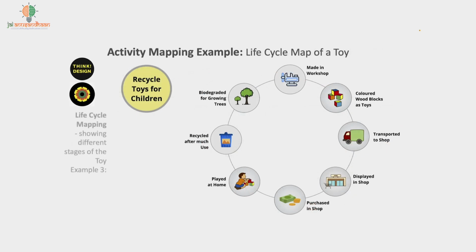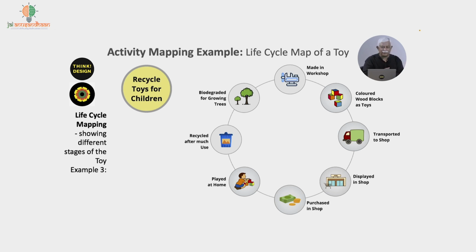Let us have a look at the life cycle map of a toy. You can start anywhere because it is circular, as you see here. If you start with the trees, it is taken to the workshop, machined and colored and made into wooden blocks, and these become toys for children, which are packaged and then transported to a shop where they are displayed and then purchased by the parent typically, and then given to the child.